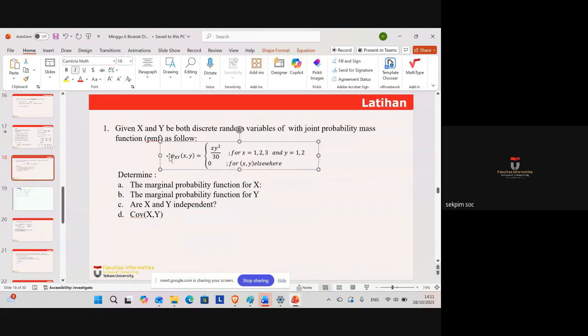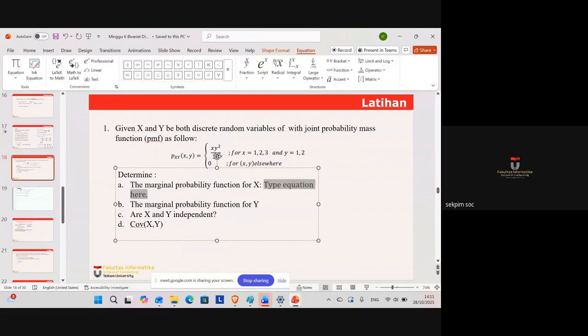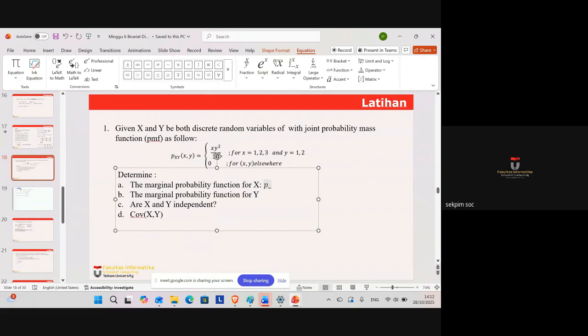Since the function is pxy, the name of the function, we can denote the marginal probability function for x as the function that depends only on x, which we can obtain by summing this function over all values of y. So p only depends on x.